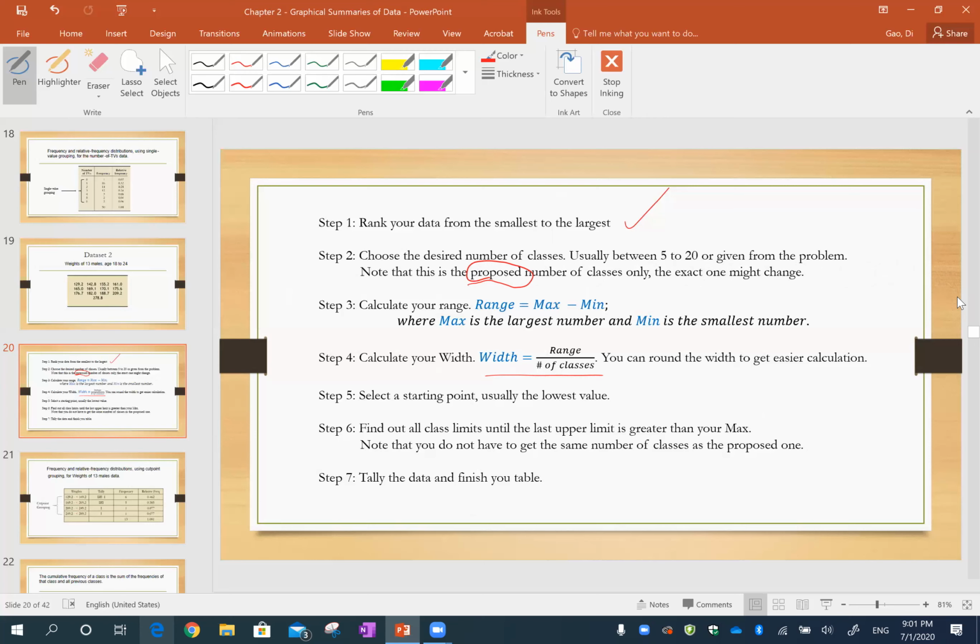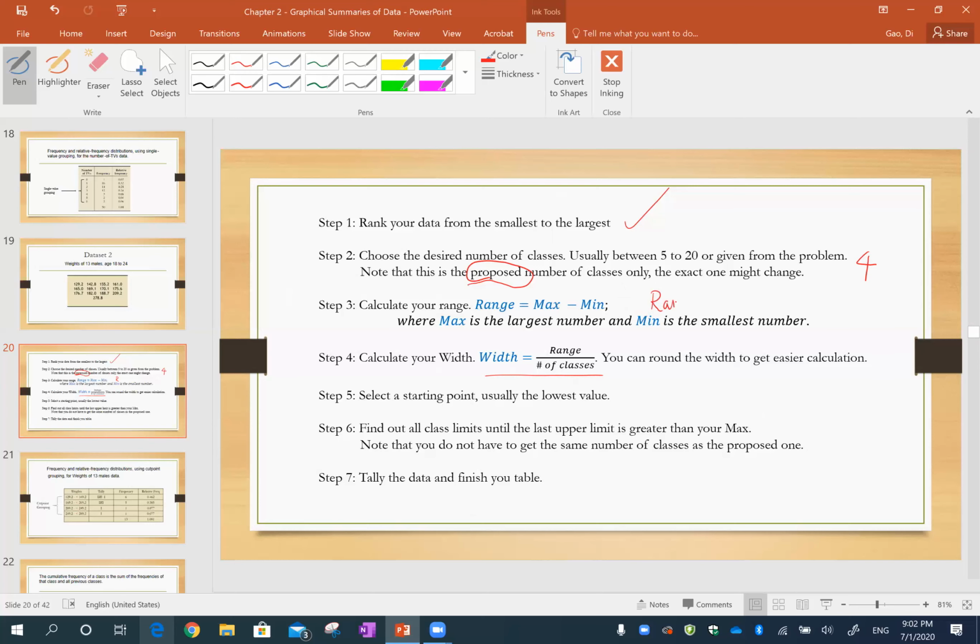So step 2: 5 to 20, and since we only have 13 numbers, it's a really small data set, so we're probably just going to choose 4. And then we calculate the range. Range equals maximum minus minimum. That's the formula: maximum is the largest number and minimum is the smallest number.